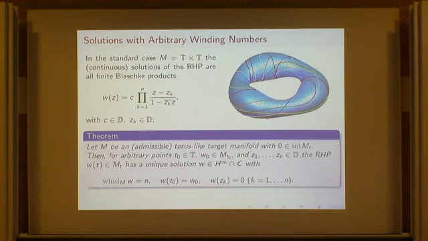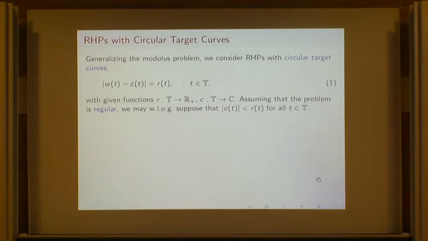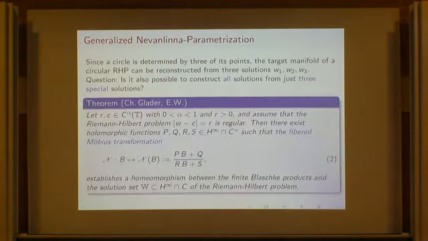There has to be a fixed value of this solution. Then we get a unique solution which satisfies these additional interpolation conditions and has winding number n. So I think I'm running out of time, so let me skip this. Much more can be said if all target curves are circles. I wanted to skip it, but it does not.